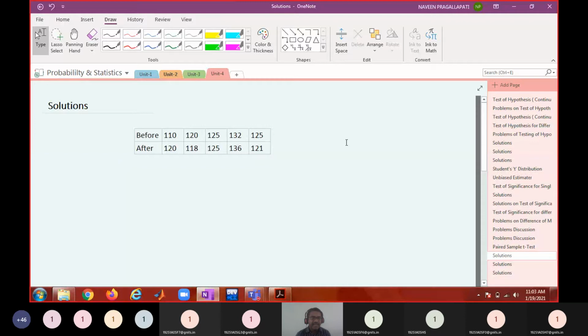Now you prepare the signed differences, find out the signed differences. So what are the differences? 110 minus 20.